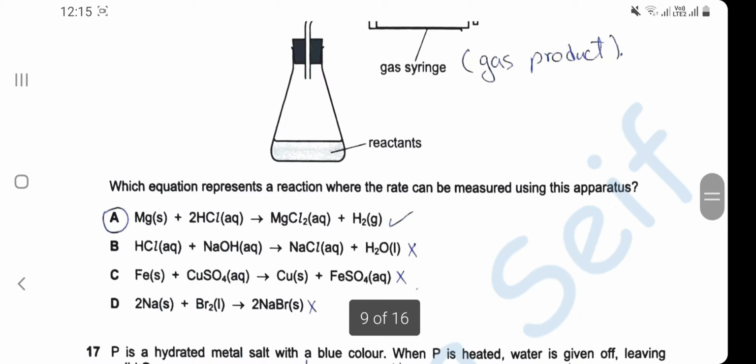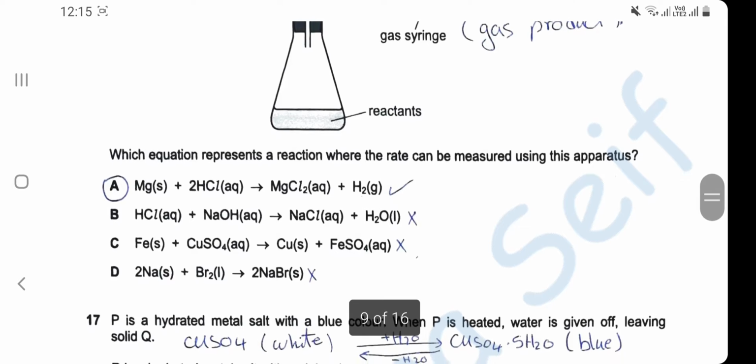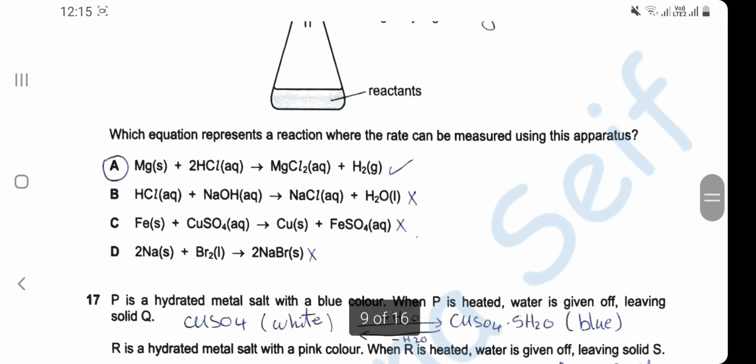To measure the rate of the reaction, we have to collect the gas and measure its volume. It's very easy here because we have only one equation in which hydrogen gas is a product. The other equations have no gas products, so it will be easy to choose answer A. But first you have, of course, to check all the equations.